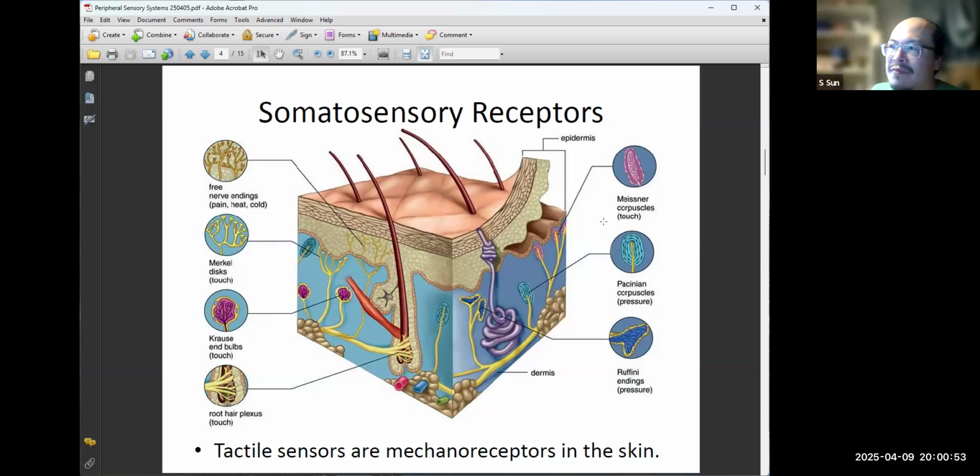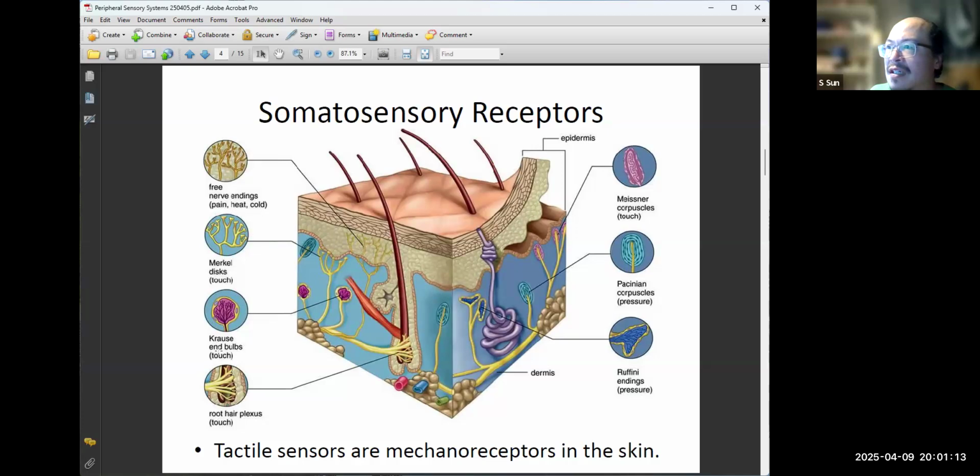Naming, all right, just new friends. Epidermis, dermis, and hypodermis, multiple layers. Here you have different kinds of sensory receptors. Free nerve endings detect pain, heat, cold, temperature.